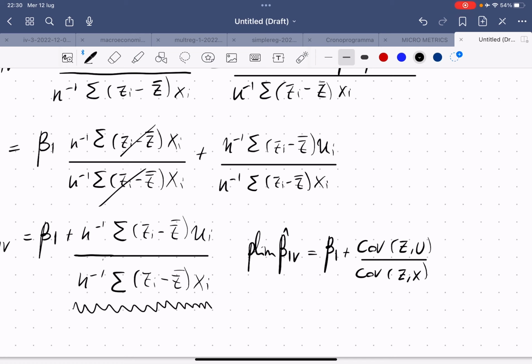So this is the formula that shows how, if the assumptions of instrumental variables are not met, then our estimate will not be consistent.